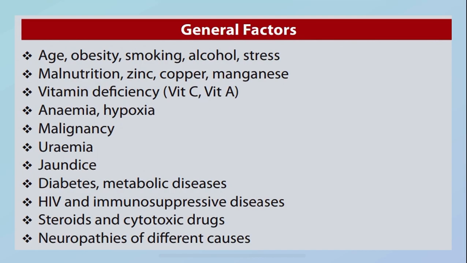Anemia and hypoxia, malignancy, uremia, jaundice, diabetes and metabolic diseases, HIV and the immunosuppressive diseases, the steroids and cytotoxic drugs, neuropathies of the different causes can also be a factor which is affecting the wound healing.